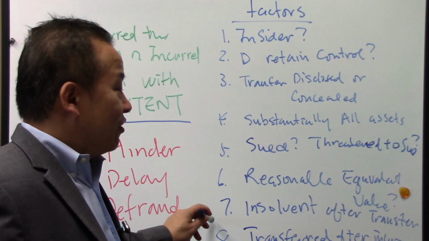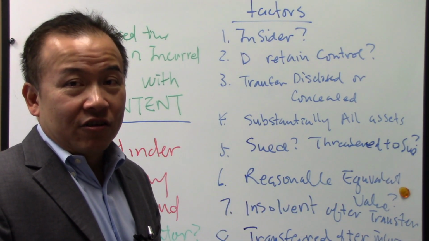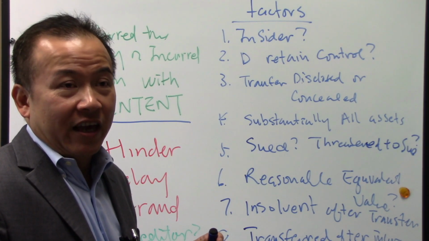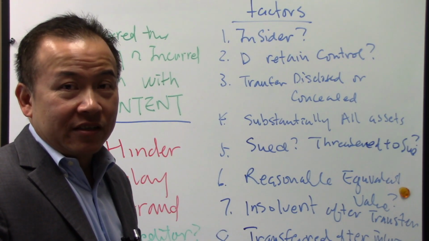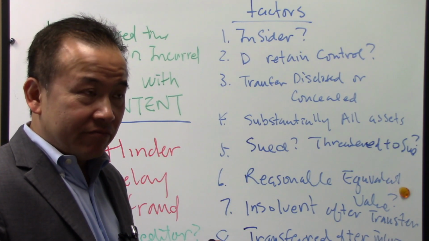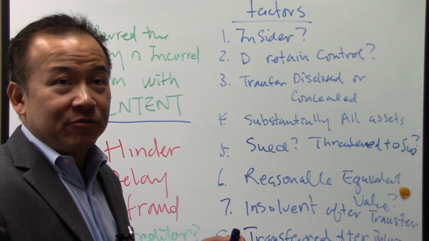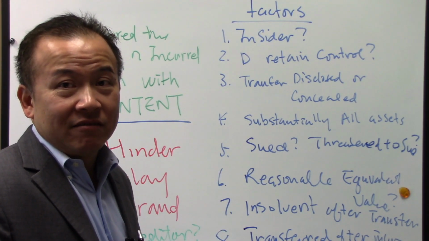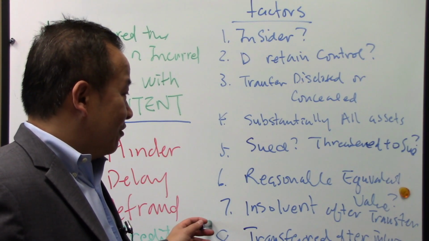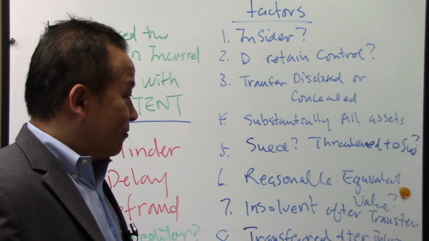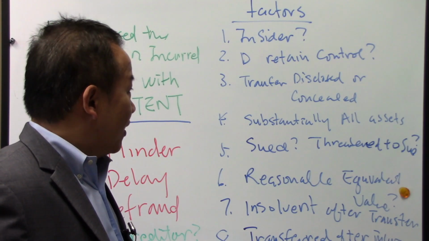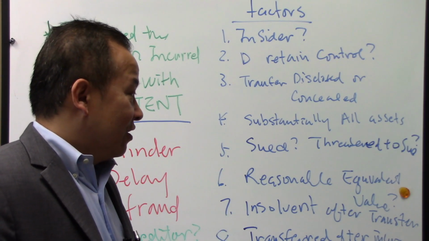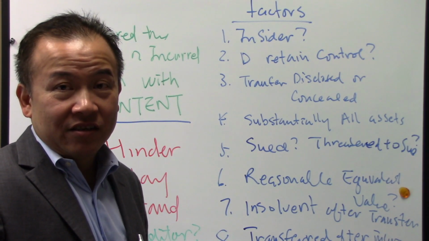The seventh is whether or not the debtor is insolvent after the transfer. If this debtor has two properties and that's all he has, and he transfers them out and becomes judgment proof, then obviously that smells really bad. So the last one is, well, that's kind of related to number five, whether or not the property was transferred after incurring the debt.